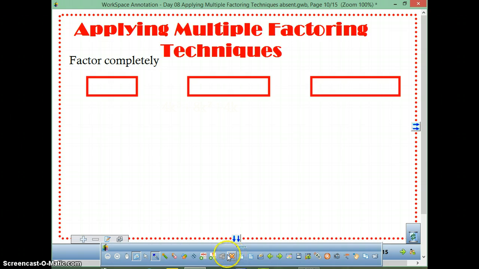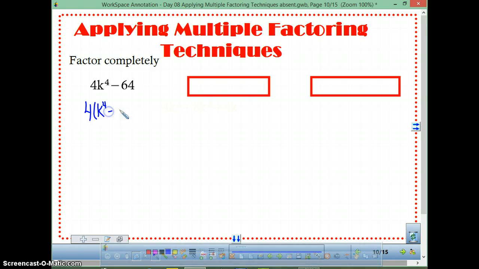Okay, let's give this one a try. First step. We need to factor out the GCF. 4 times k to the 4th minus 16.